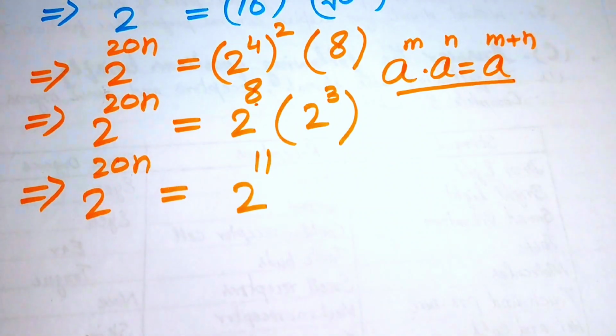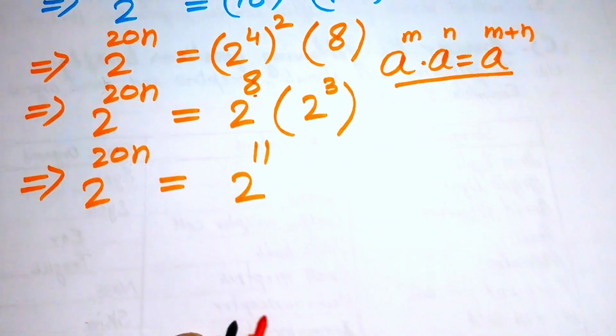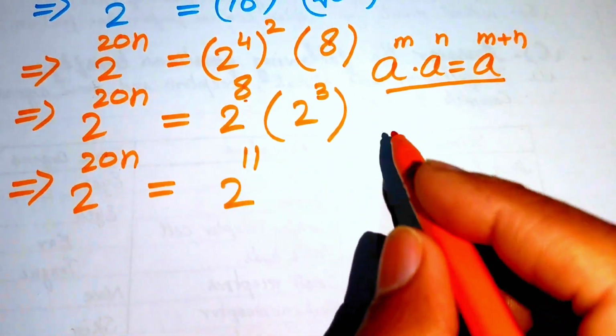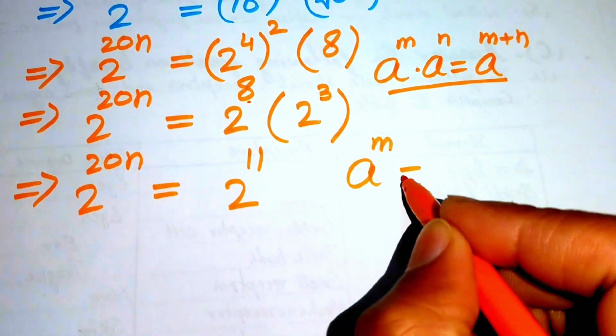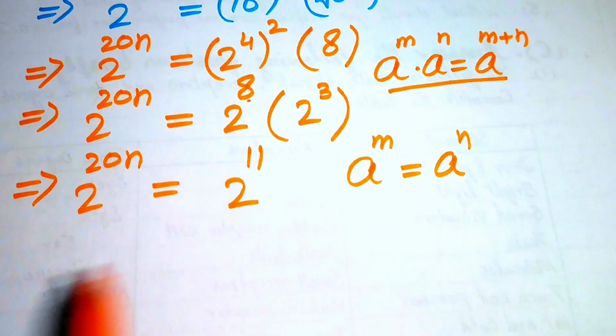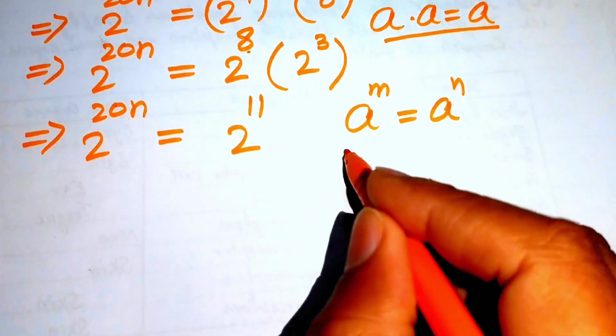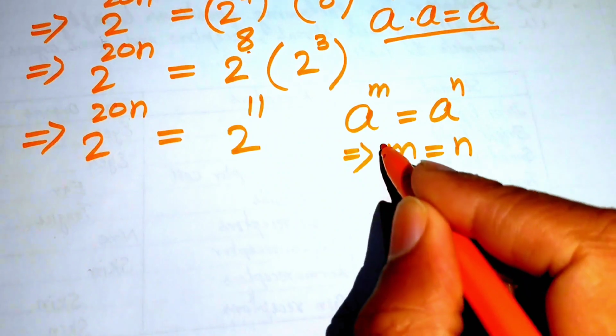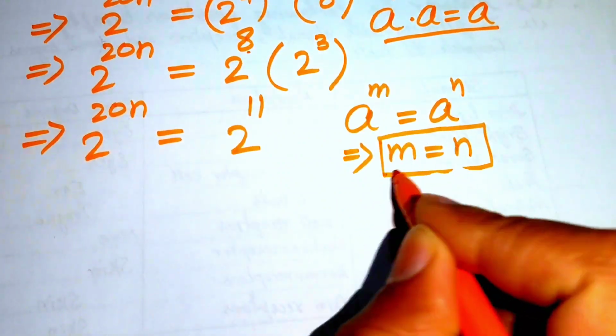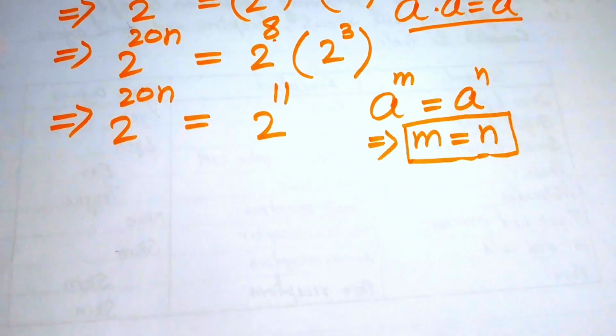And now you focus on both of the sides and you see that the bases on both of the sides are same, so we use this exponential law: if we have a to the power of m equals a to the power of n, then we get m equals n, because bases are same, so its exponents are equal to each other.